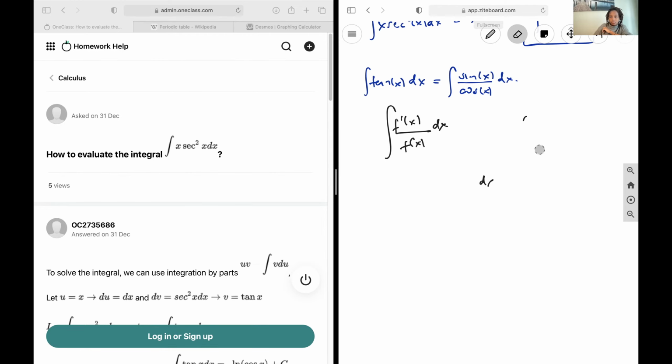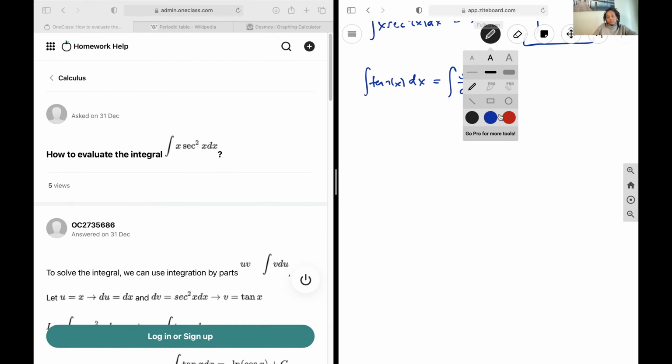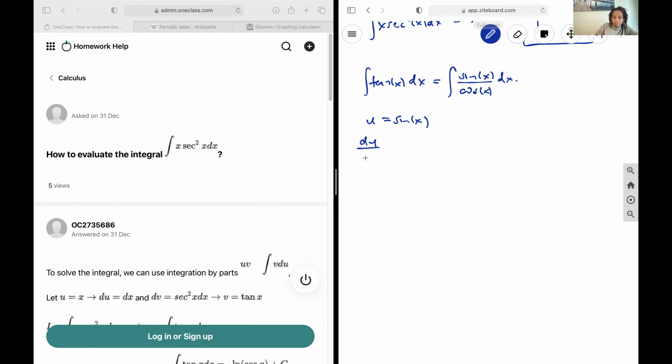Since we know the derivative of cos x is negative sine x, we can do that here. And so we set u as cos x, which means that du over dx is negative sine x. And this means that dx is equal to du over negative sine x. Substitute that all back in here.